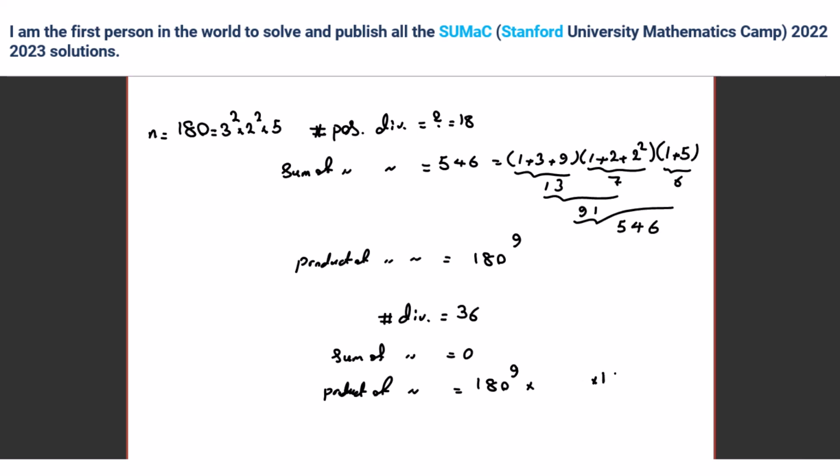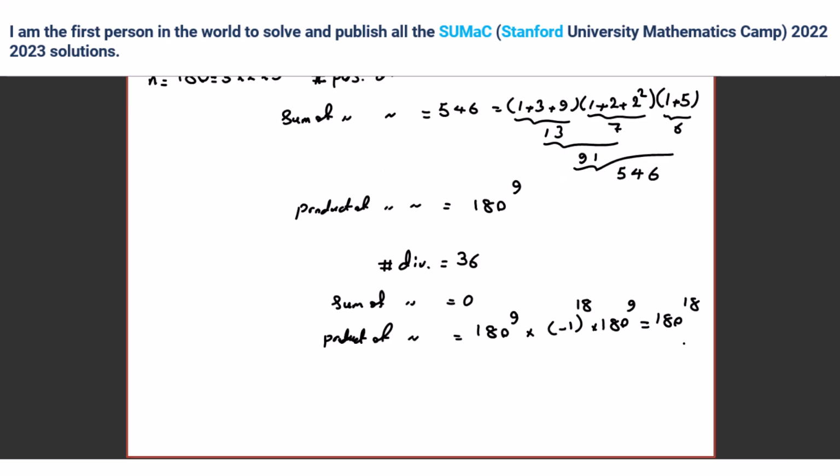And times negative 1 to the power of what? 18. Why? Because the number of negative divisors is 18. So it's positive. So it's 180 to the power of 18. Yes, negative 1 to the power of the number of negative divisors, right? Yeah. Okay.